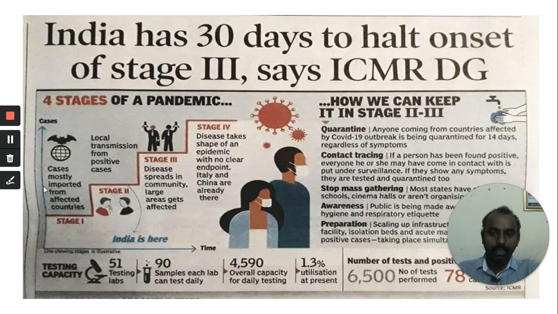From Wuhan city, spread from one individual to another is called local transmission. Local transmission is when one positive patient spreads the virus to his neighbor. This is called contact cases. This stage is called stage 2. And in stage 3, the virus spreads by community spread. Here you need not have any travel history or any contacts.